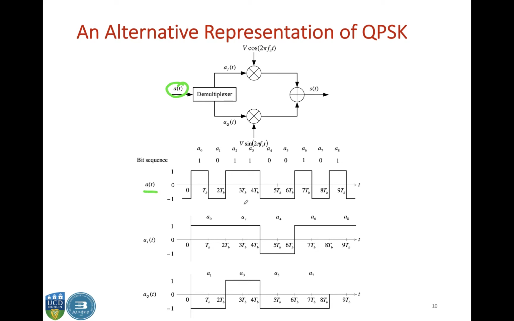This varies between -1 and +1. So when the binary bit sequence is 1, you have a +1 amplitude. When it is 0, you have a -1 amplitude. So this is your bit stream.